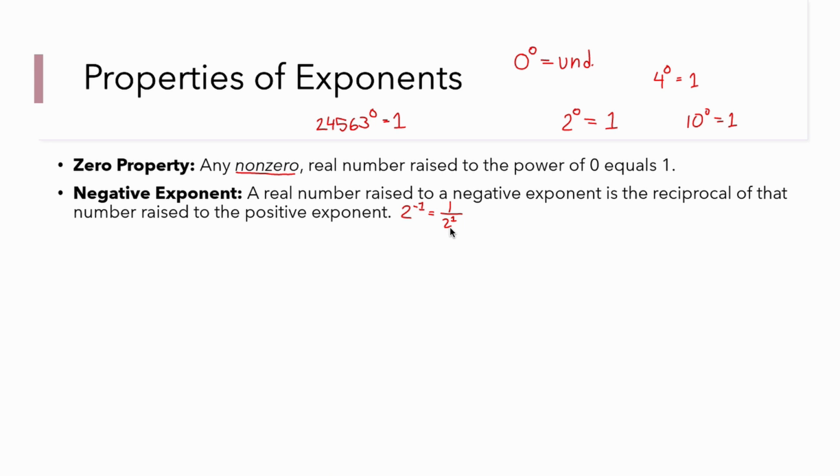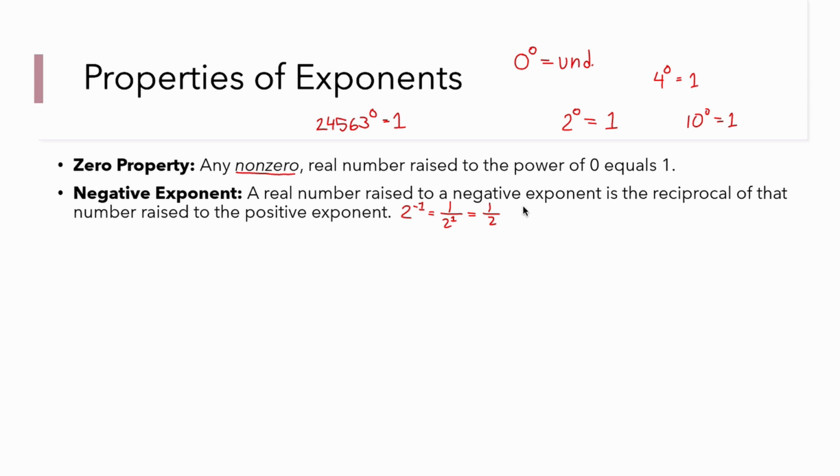This is because, if you think about it, if you multiply 2 one time, you don't really have anything to multiply it by except 1, so you're just going to get 2, or whatever your base is. So this will simplify to 1/2.